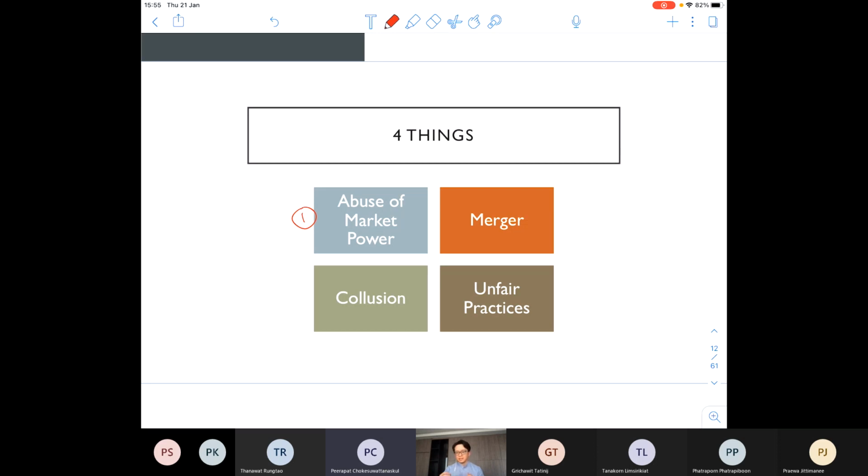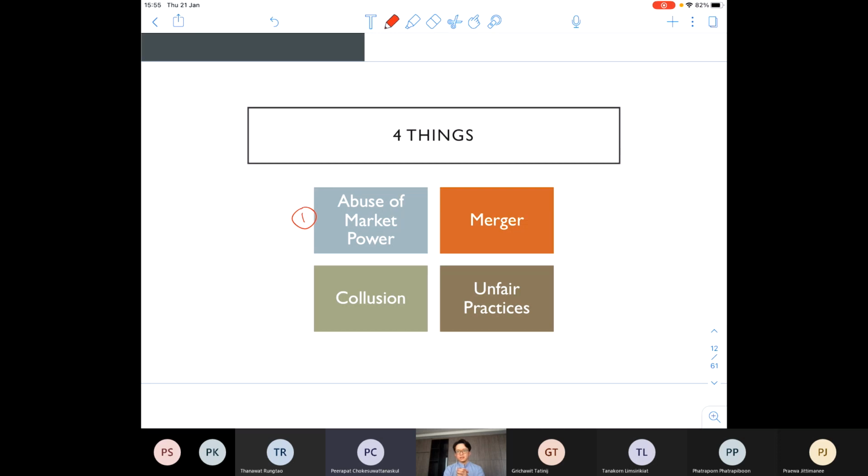So by having a look at the structure, you see that this industry or this market is so concentrated. You have just one player, or really just a few players. This approach is called looking at the structure.